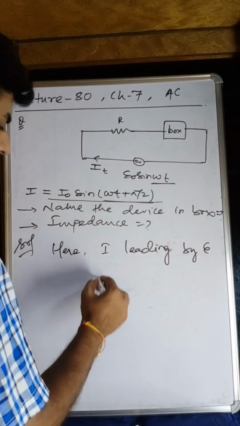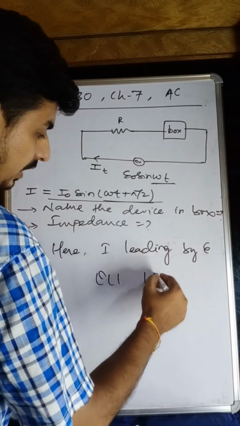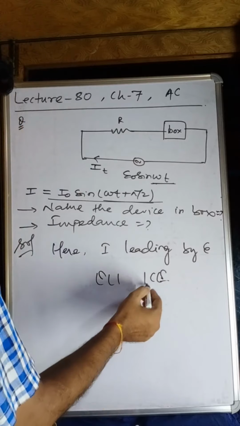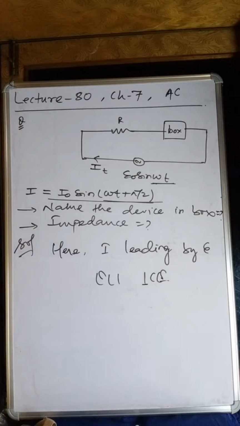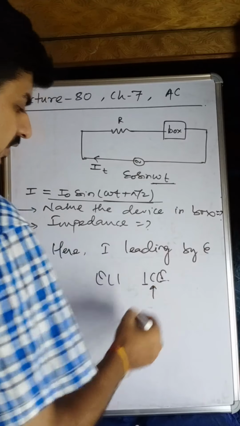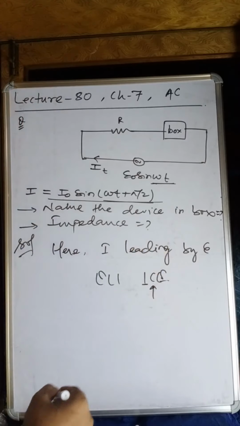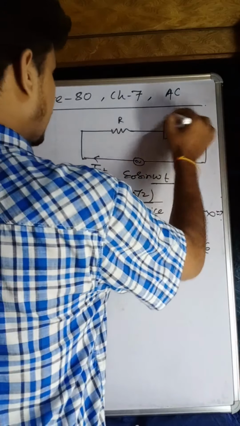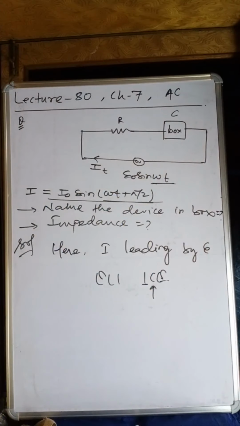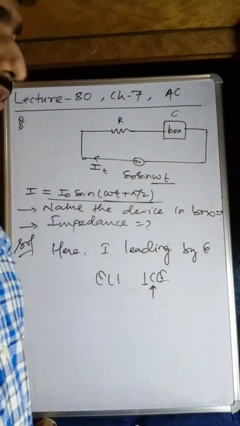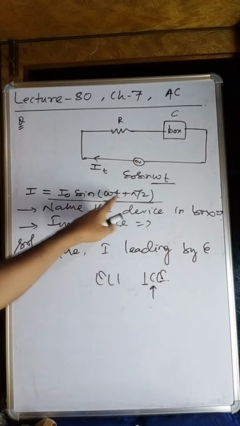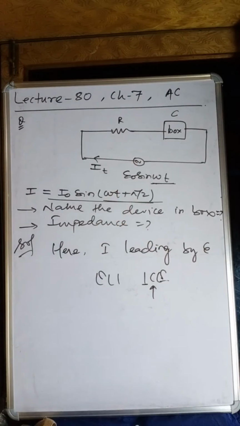Try to recall, we have studied ICE. Current leads in which device? In the capacitor. So it is obvious this is nothing but a capacitor. Inside the box we have the capacitor. That's why the current leads by pi by 2.